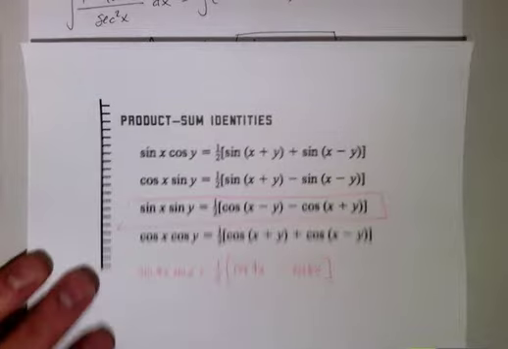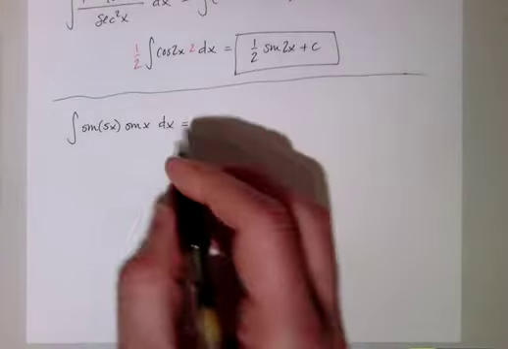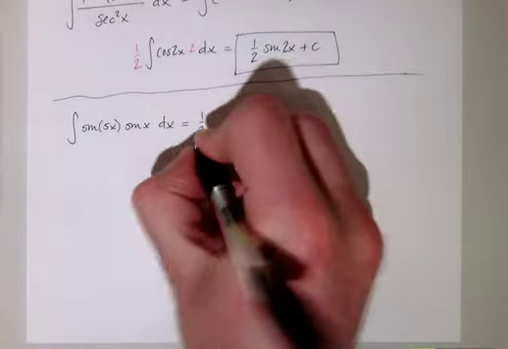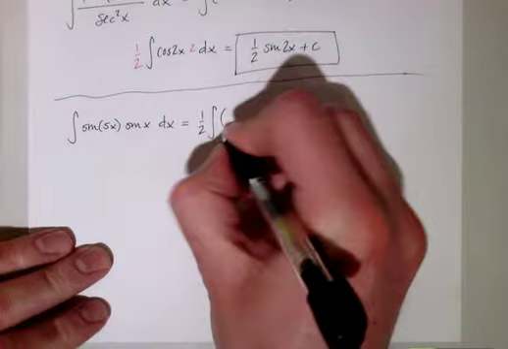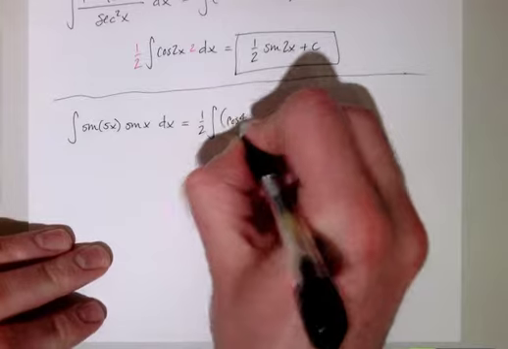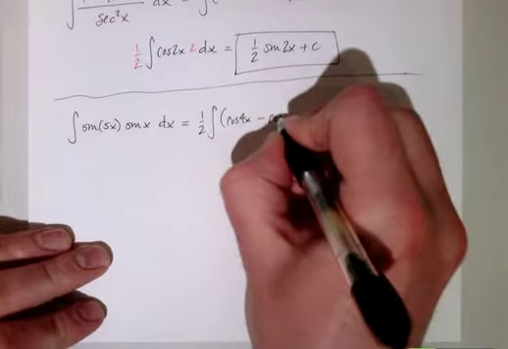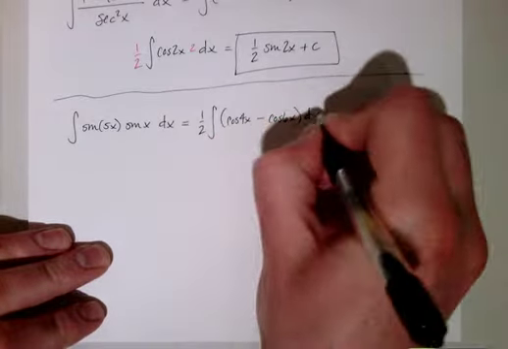Okay, so in terms of my integral right here, the 1/2 is obviously just something that I can pull out in front, and it winds up being cosine 4x minus cosine 6x dx.